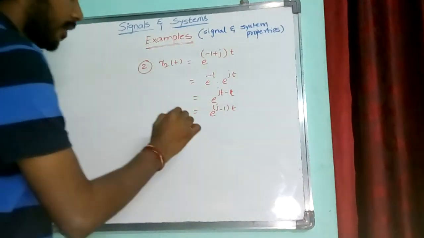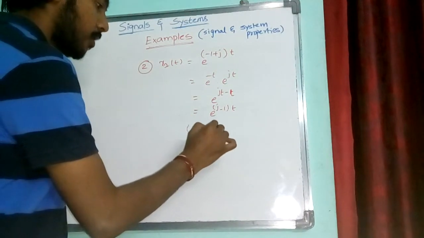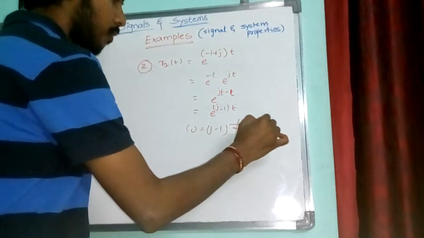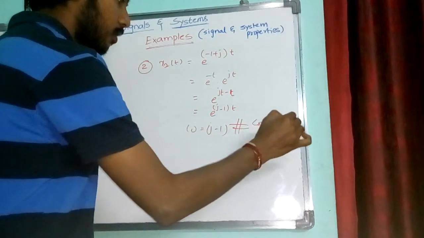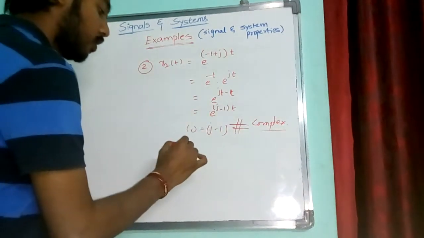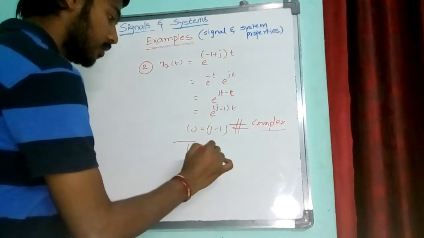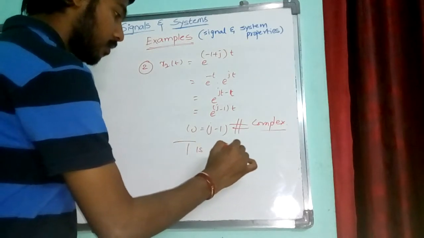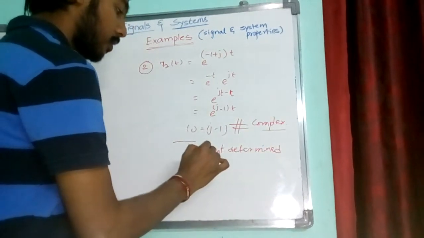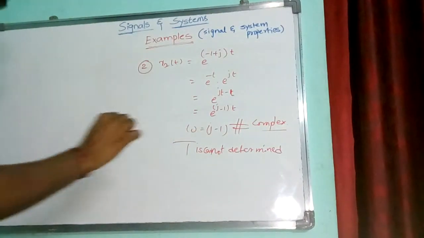So my omega will be j minus 1, which is a complex number. My frequency cannot be complex. So the time period cannot be determined.